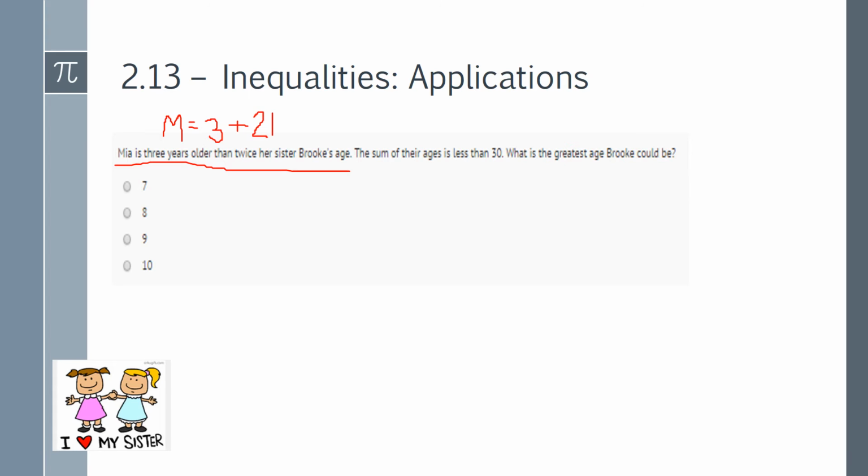So 2 times B. Twice means multiply by 2. The sum of their ages is less than 30. So here's my "is less than." It tells me I have an inequality. Sum of their ages is addition. So Mia plus Brooke is less than 30.